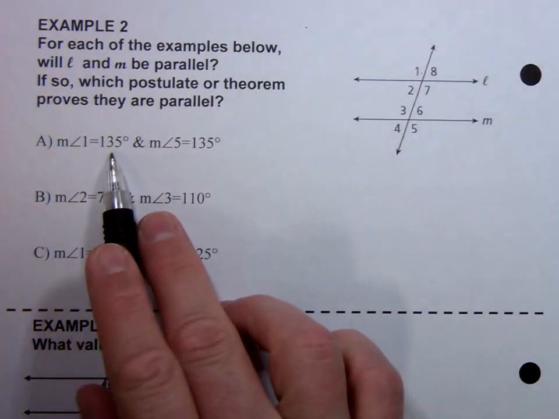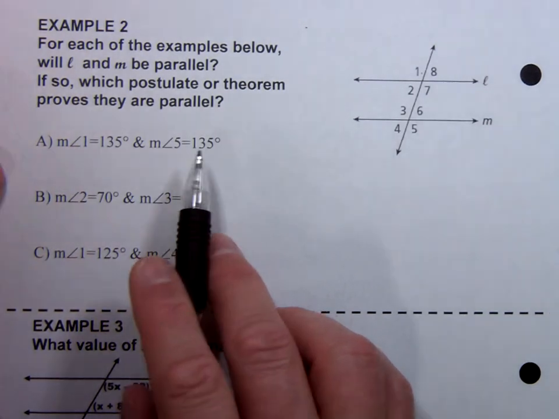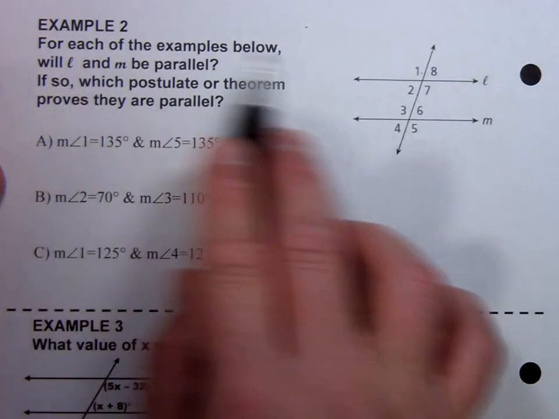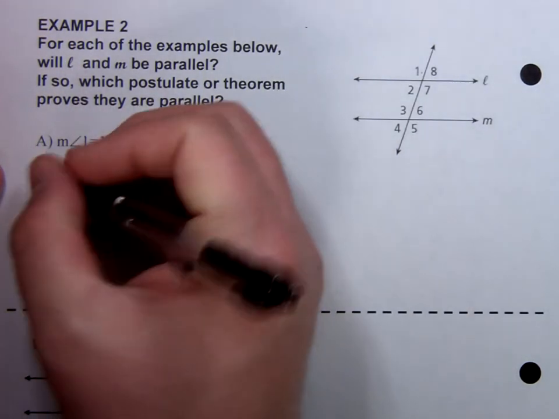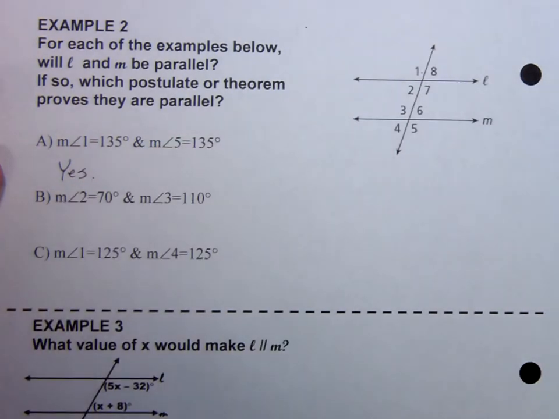Are they congruent? Yes, they are. They're both the same measure. They have equal measures. So, yes. Will the lines be parallel? Yes, they will. And which postulate or theorem proves they are parallel?